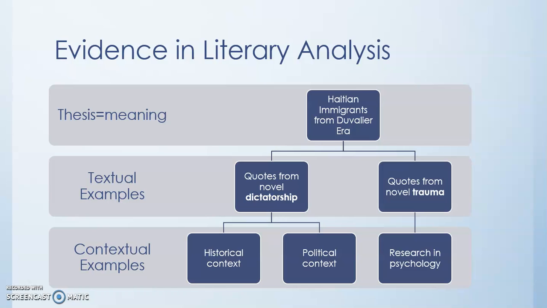So providing the actual evidence of what had happened at that time. I'm also going to look into the political context of Haiti itself as a country and its development into that time, and how power was able to be wielded by Duvalier.